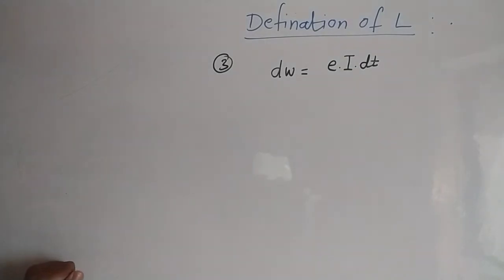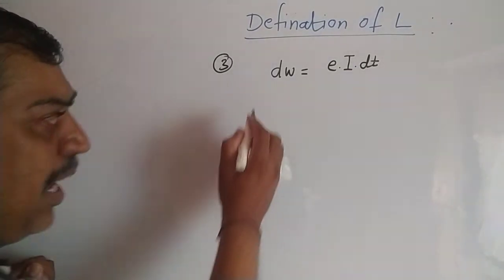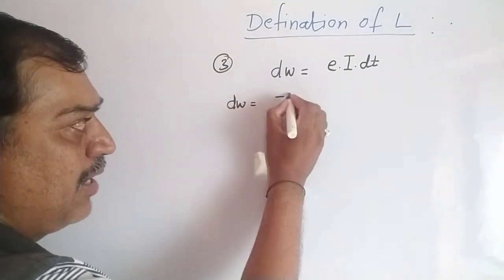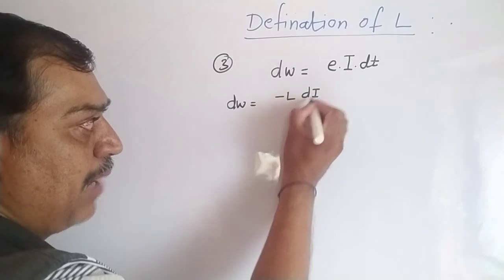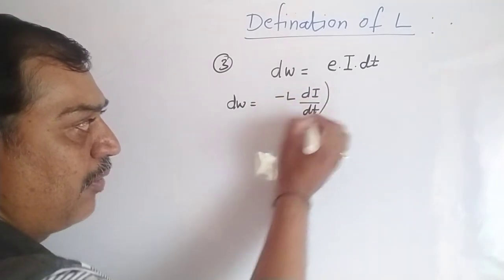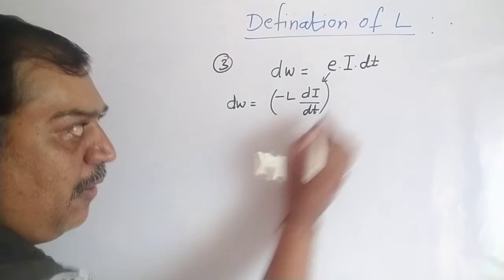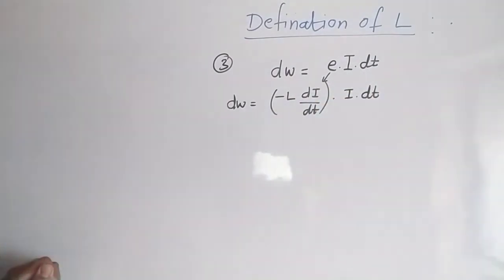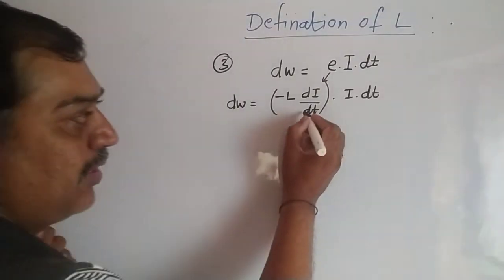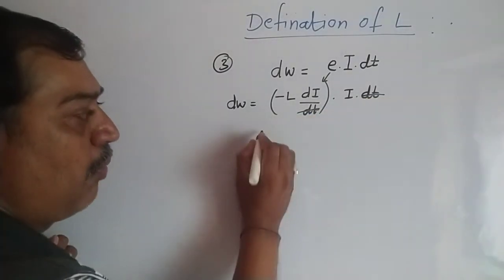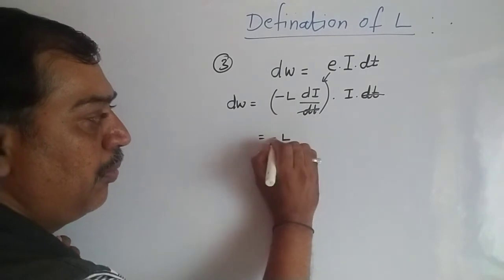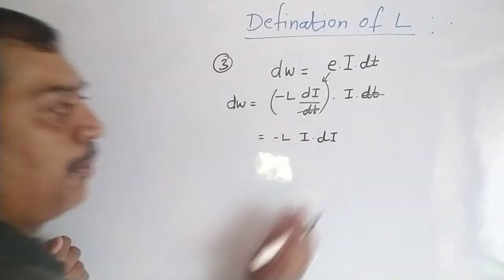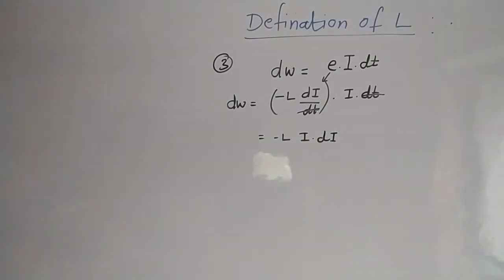According to Faraday's law, dW equals minus L into di by dt, that is the value of E, into I into dt. The dt cancels with dt. What remains is minus L into I into di.